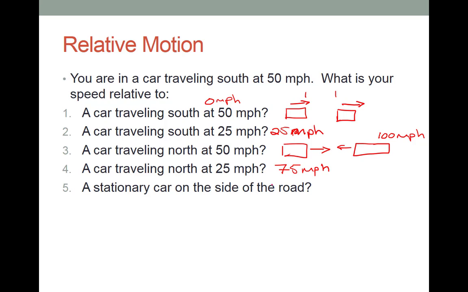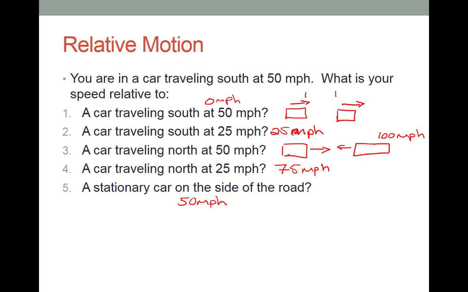Okay. What about relative to the stationary car on the side of the road? Okay. Relative to that stationary car, this is where the 50 miles per hour comes in. Okay. All depends on how you look at it.